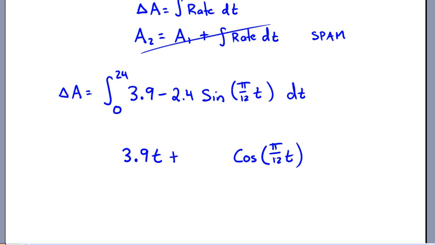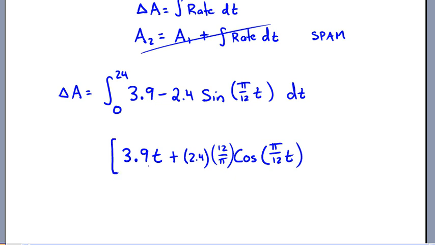But then the chain rule would kick out a pi over 12. And if I don't want to see a pi over 12 out here, I might need to include a little 12 over pi bodyguard. And then the 2.4 just hangs around. So you'd have a 2.4 and then a little corrective 12 over pi sitting right there.